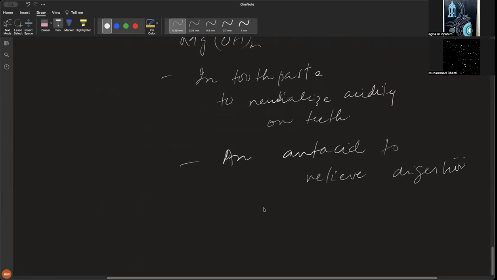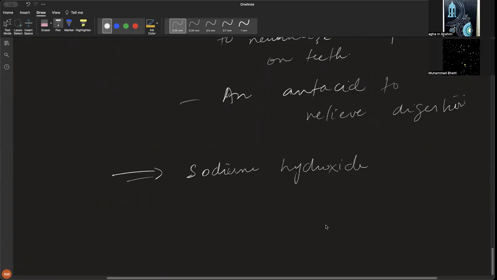And one of the most common ones, sodium hydroxide, is used in making soaps and cleaning detergents.